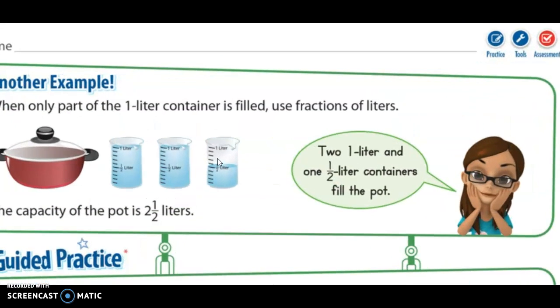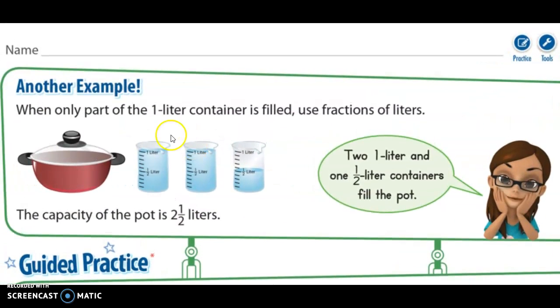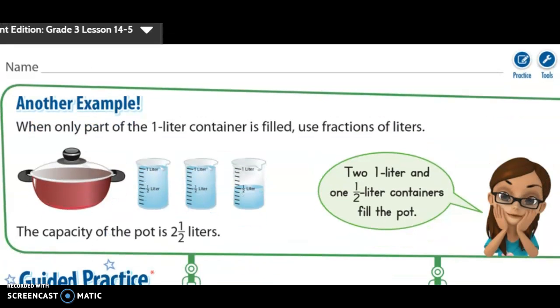Up here in the top, when only part of a liter container is filled, we can think about that as fractions. And we practiced that just then on the last page when we had that mug and the glass, and we said that they weren't quite a liter, they were more like half a liter. We're seeing that again right here. This is definitely 1 whole liter, and this is definitely 1 whole liter.